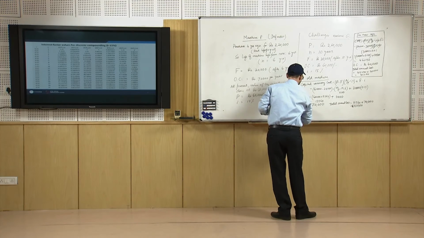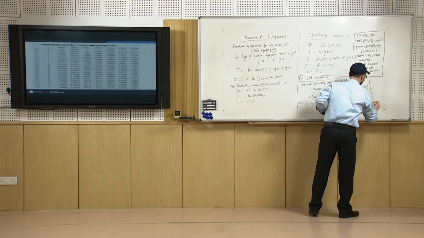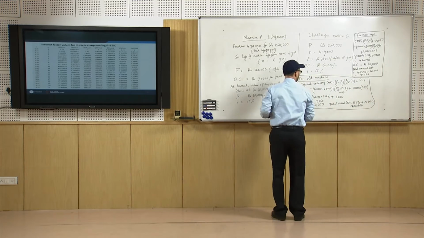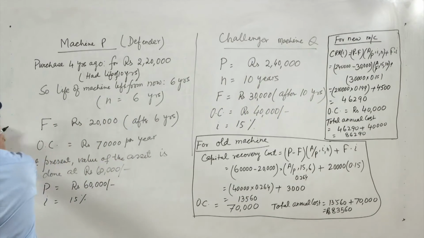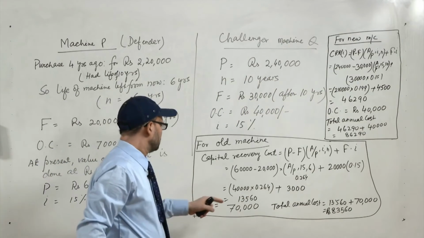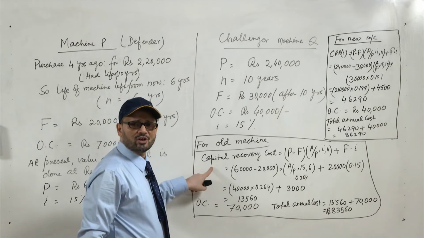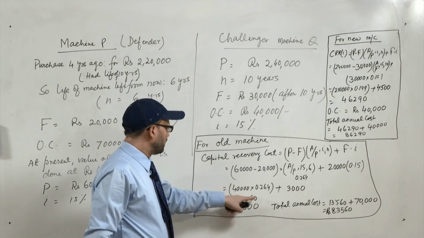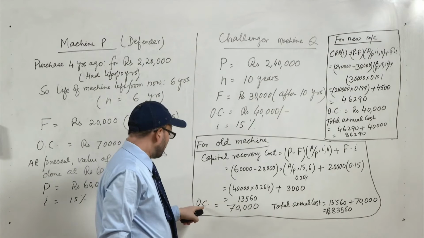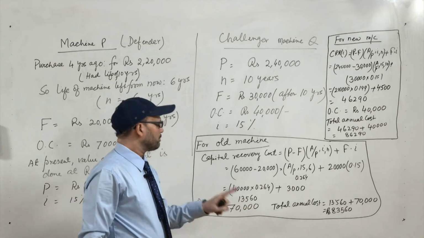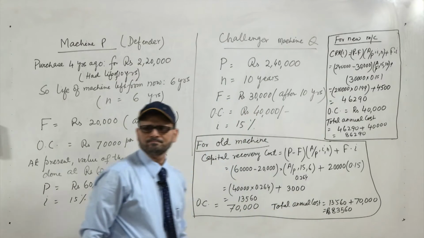We have calculated for the old machine in this box, and for the new machine in that box. What we see is that the capital recovery cost for the old machine is coming out to be 13,560, and since operating cost is quite high, still your total annual cost comes out to be 83,560.